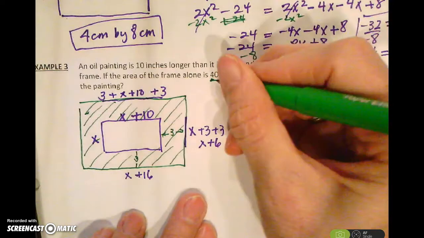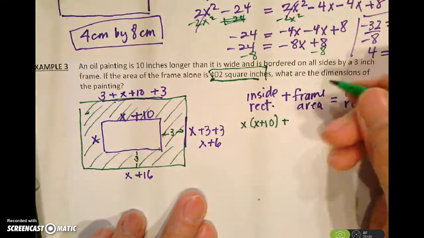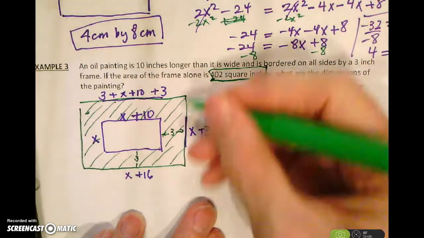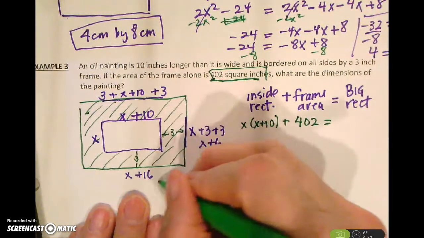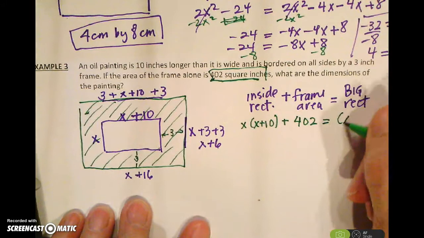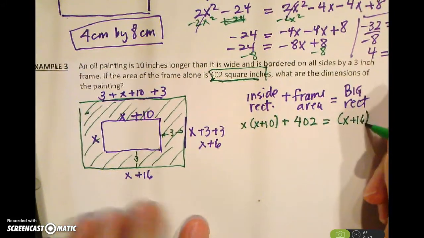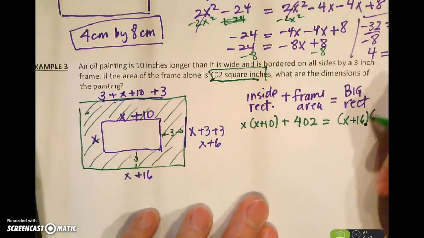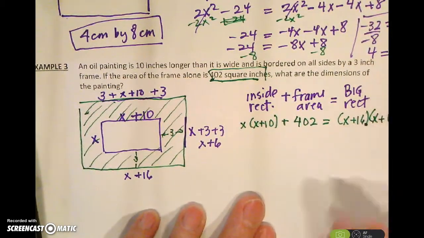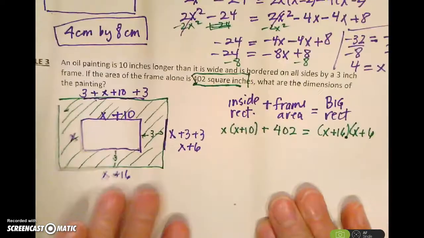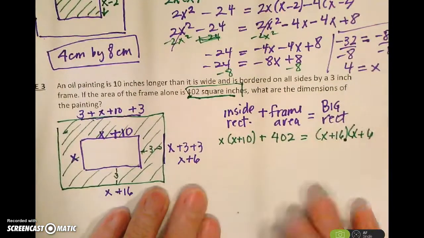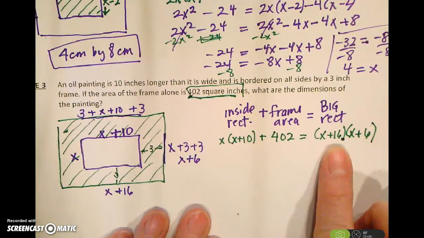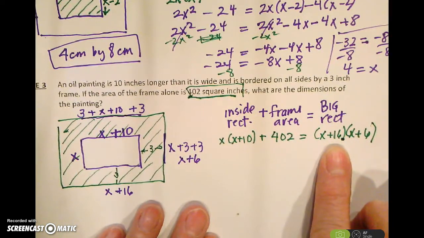The frame we know is 402 inches, so I'm going to put plus 402 is equal to the outside rectangle, which was x plus 16 times x plus 6. Scoot this over a little bit. All right, so this is what I have, and now I need to solve and find out what x is.